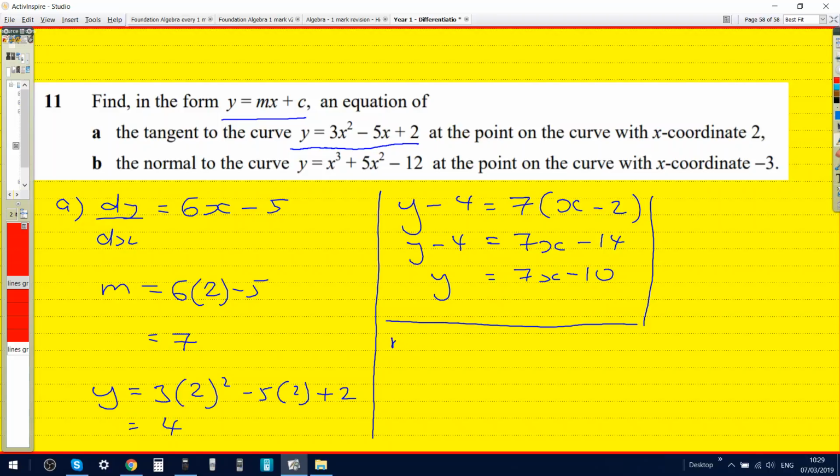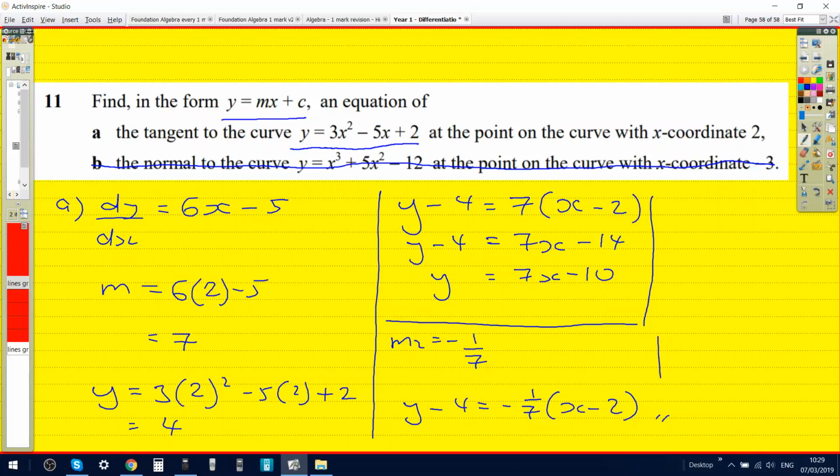Yeah. The gradient. So, is it just y minus 4 equals minus 1 over 7 times x minus 2? And you would just expand it and all that, which we already did.